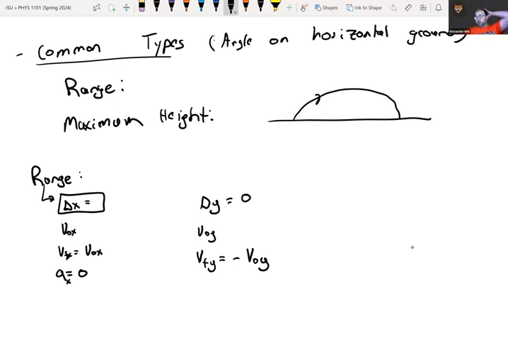We saw this a little bit in 1D kinematics: if we threw an object straight up, it had the same speed when it came back down, just going in the opposite direction. That's true for the components as well, which makes sense. And a sub y equals negative g.